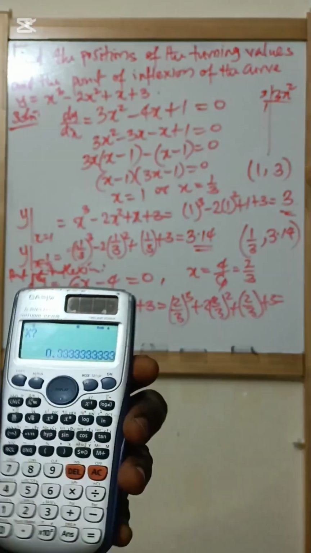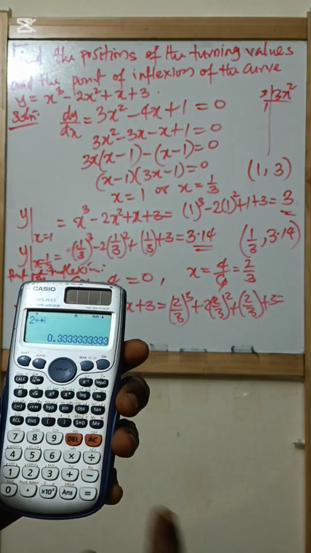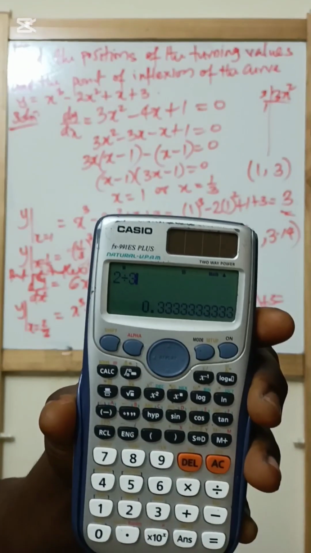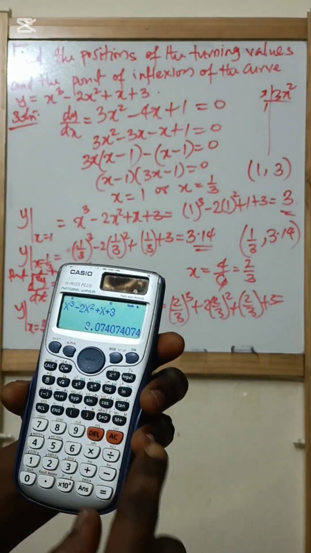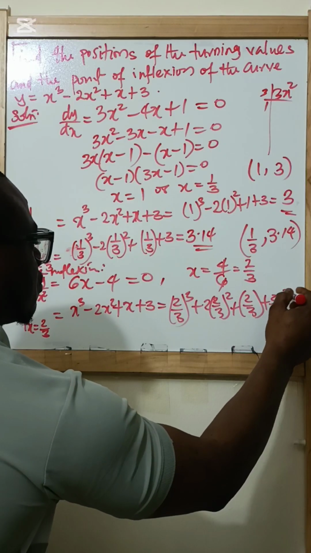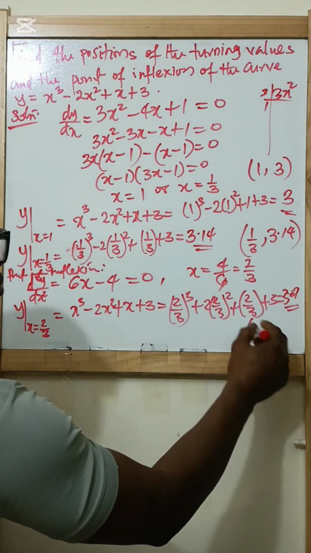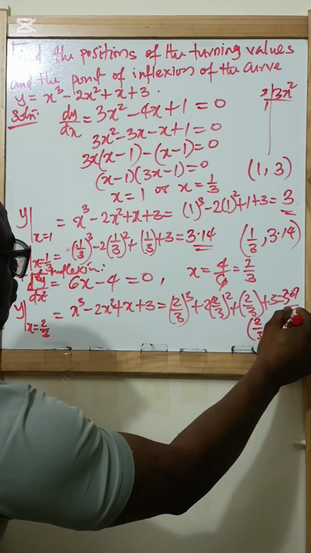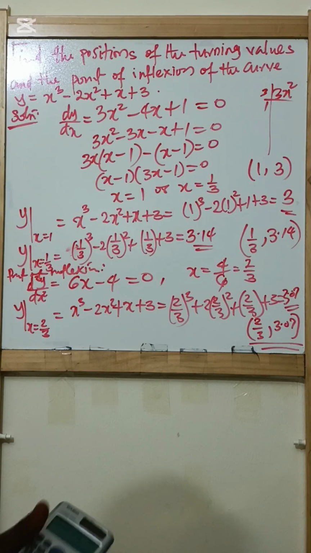Just click on calc and put 2 over 3 there. You click on it and get your answer, which is 3.07. So the point of inflection is 2 over 3, 3.07. This is how we determine these points.